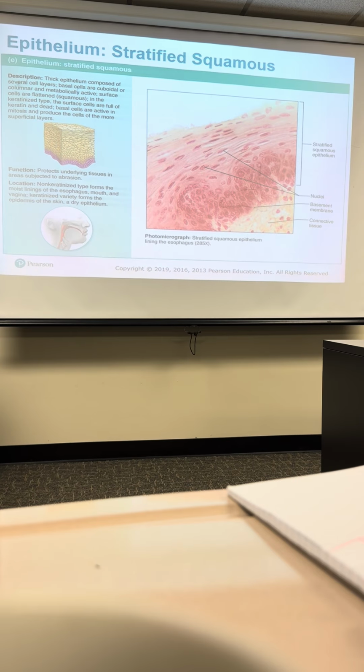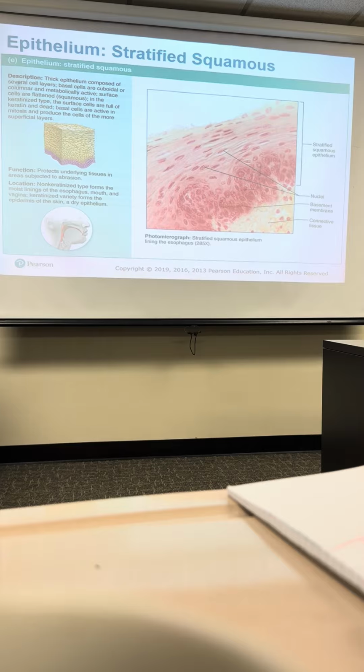So what about the stratified squamous? As you can see right here, multiple layers, 1, 2, 3, 4, the flat cells, right? Where do you find them? Sometimes the keratinized on the skin, but what about the non-keratinized? The non-keratinized type forms the moist lining of the esophagus, mouth and vagina, and the keratinized variety forms the epidermis of the skin, a dry epithelium.